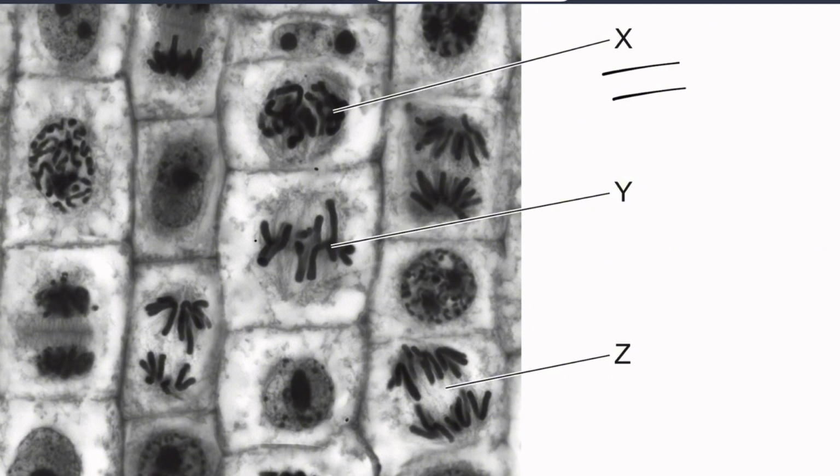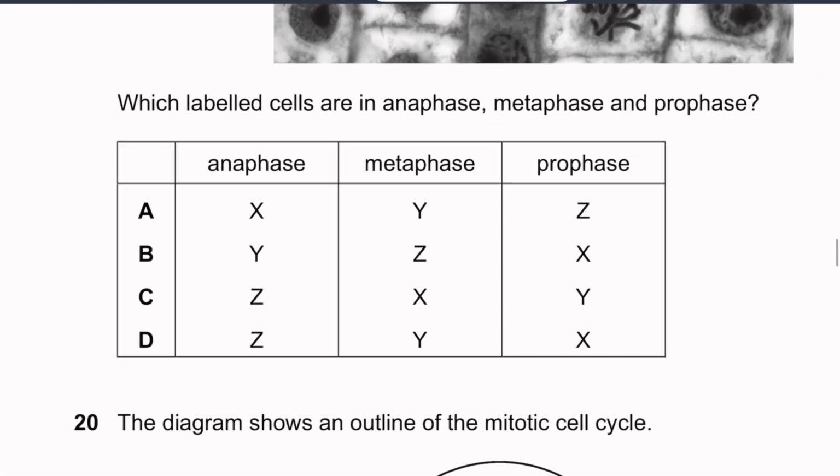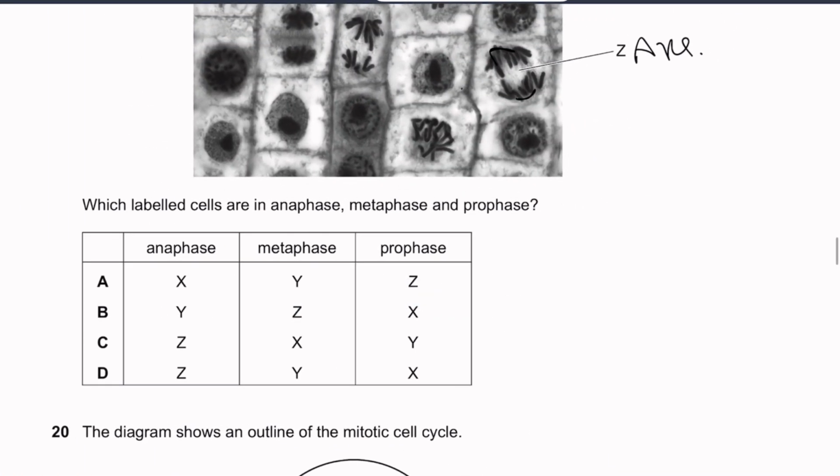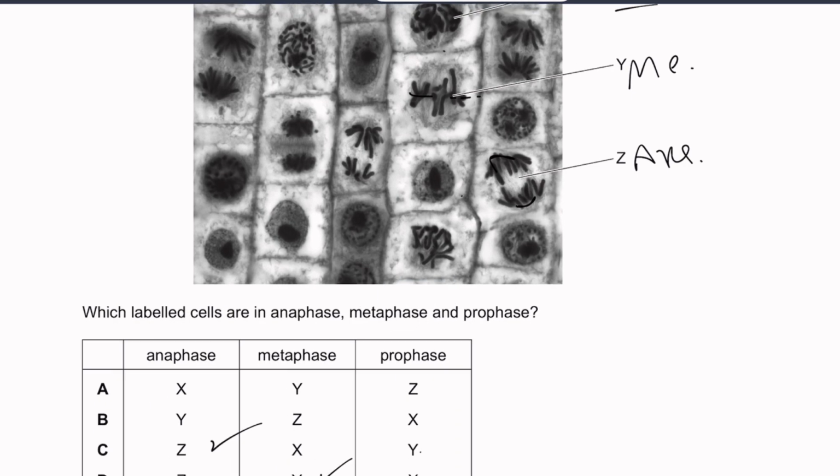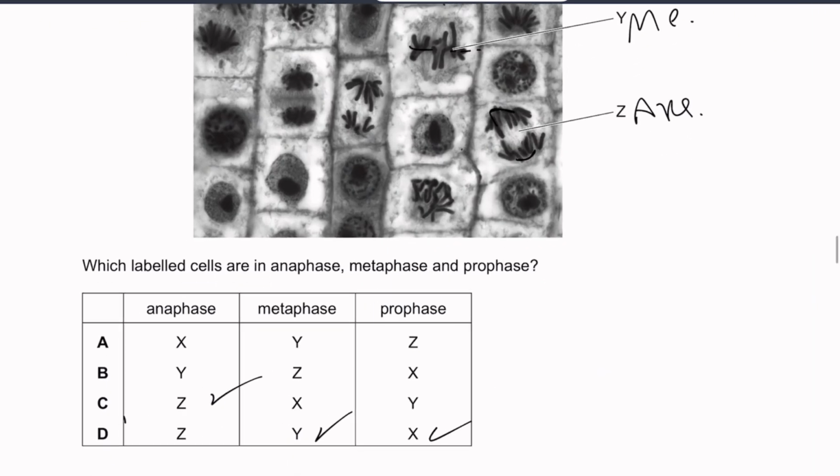Y chromosomes are along the equator, so this is definitely metaphase. Okay, and Z has the chromatids moving to opposite poles, as you can see. So that's definitely anaphase, and therefore anaphase is Z. Okay, metaphase is Y, and prophase is X. So that's gonna be D.